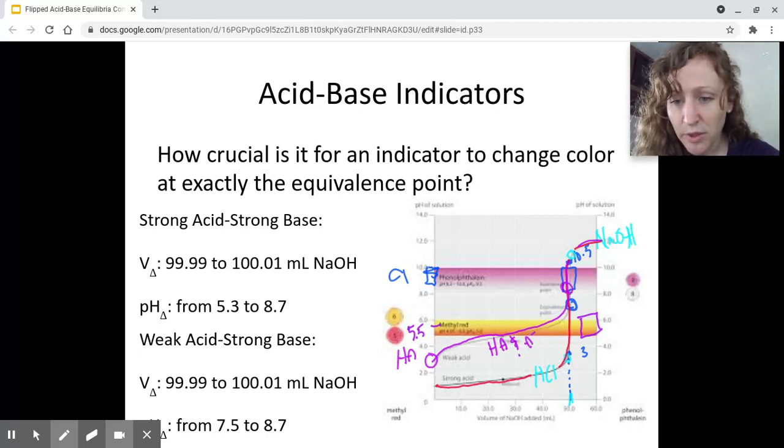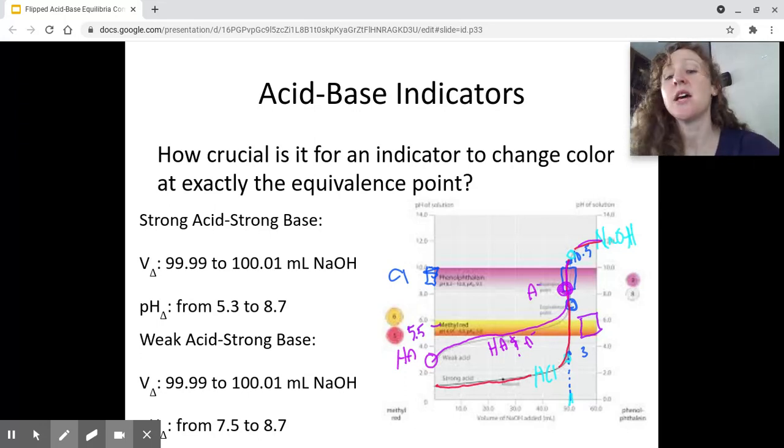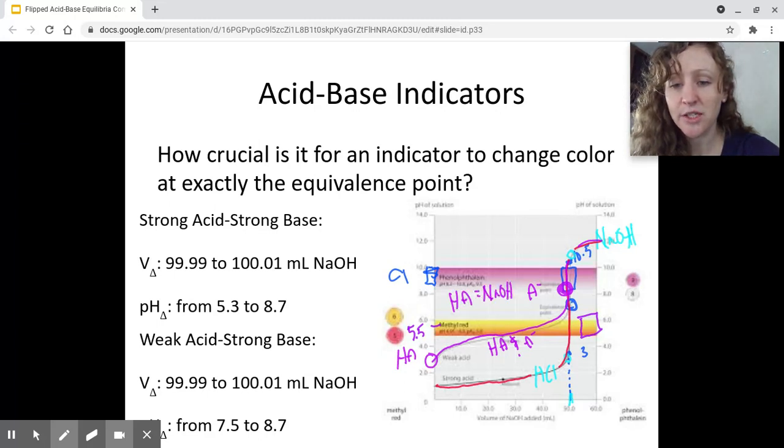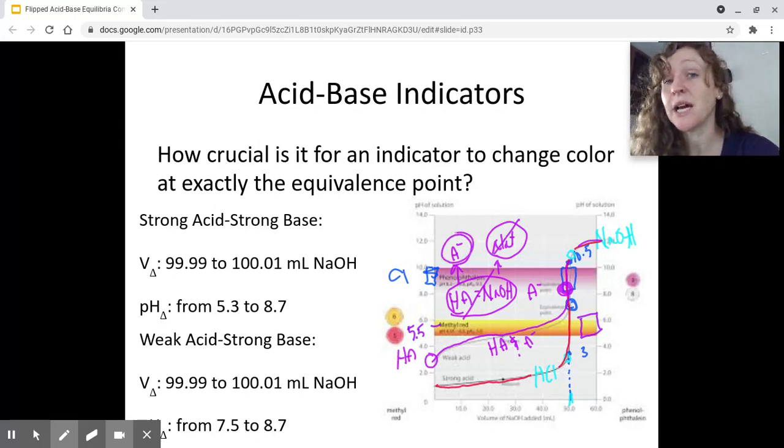Our equivalence point is going to happen a little bit higher because we have the conjugate base present at the equivalence point. When HA concentrations are equal to NaOH concentrations, we have none of either of these left. We just have the ions, which would be A minus from our weak acid and then Na plus from our strong base. So Na plus isn't going to affect the pH anymore, but A minus will. So our equivalence point is a little bit higher.